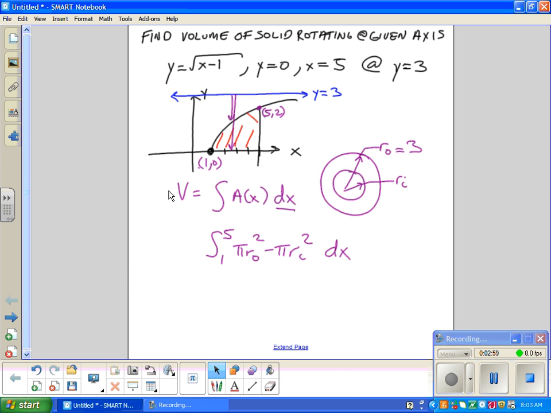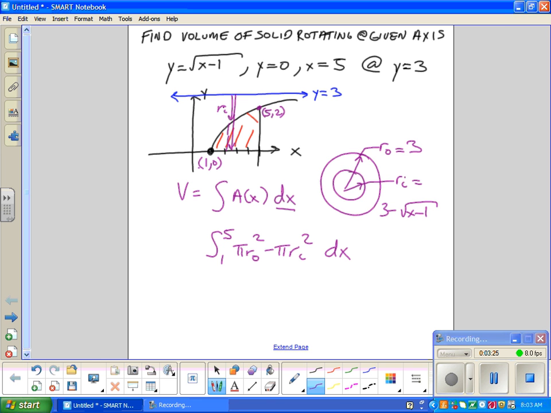Now the RI changes. I want the RI to be right here. Well, I can't measure that. What I can measure here is the y distance to the function, right? So RI this time is 3 minus y, or in this case, 3 minus the root of x minus 1.